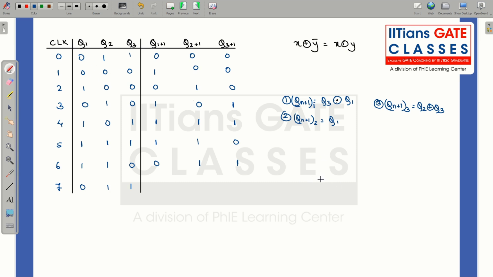So if you have to check, this is 0 1 1. Next state is your 0 0 0. Then 1 0 0. Next is 0 1 0. Then we have 1 0 1.